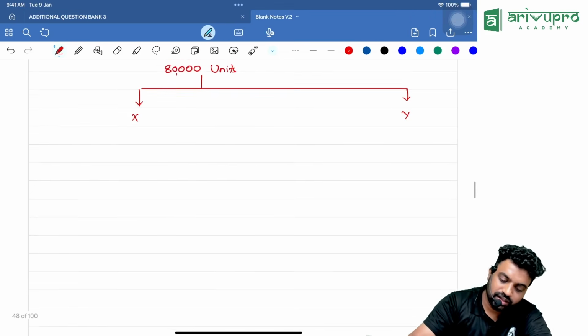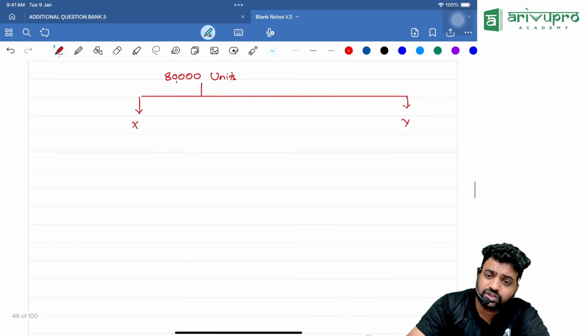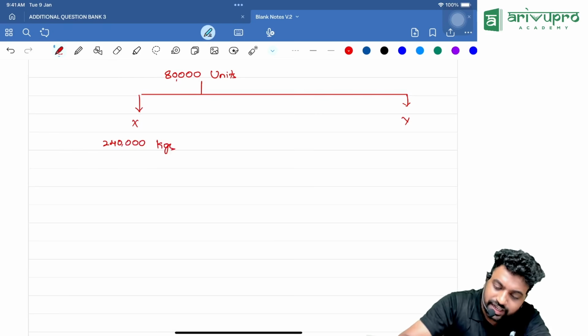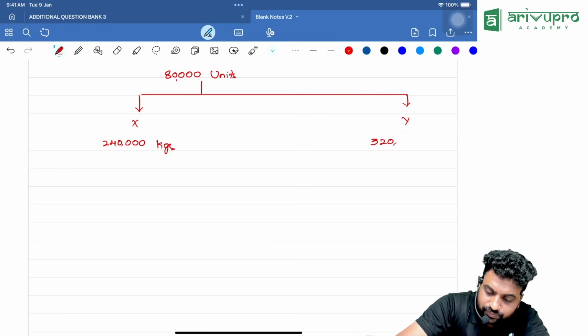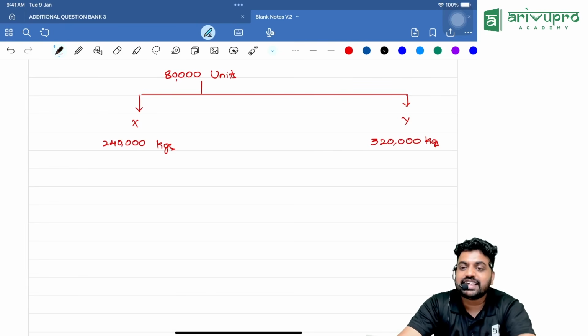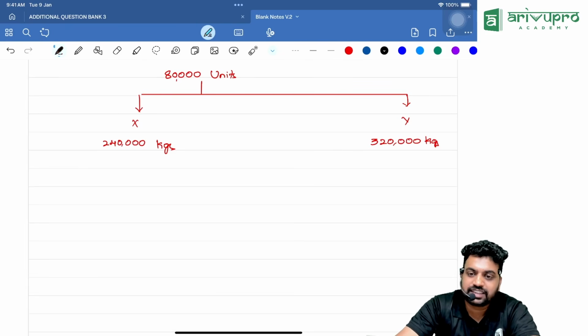Correct? So 80,000 into 3 kg is 2,40,000 kgs. Y you need 3,20,000 kgs. Also they are telling there is a loss in transit, loss in process.